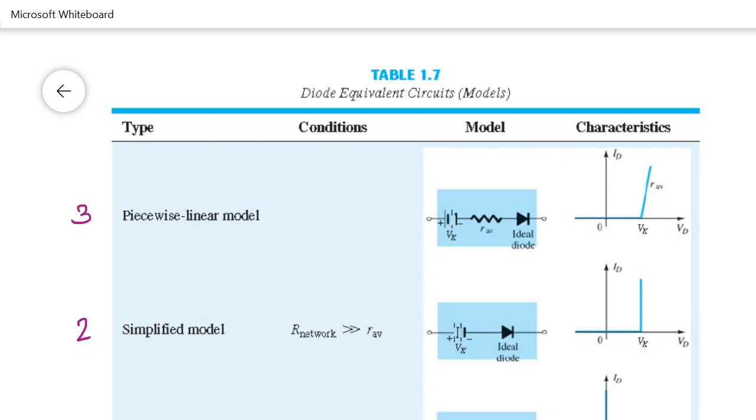When we consider the diode ideal, we work with the ideal characteristics we have already seen: the voltage across the diode is 0 and the current can be anything, decided by the rest of the circuit.